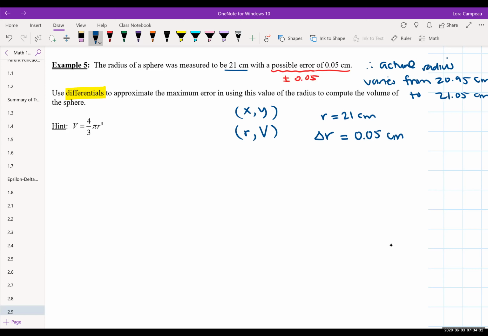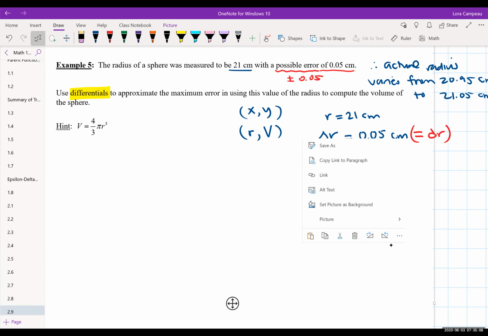According to our pictures, anytime you find delta r, the difference of the x's for very close values of x to the original x, that should be the same as dr. So keep that in mind. Note to self. Remember, volume is a function of the radius, so when you use the notation for these, we have to be careful.